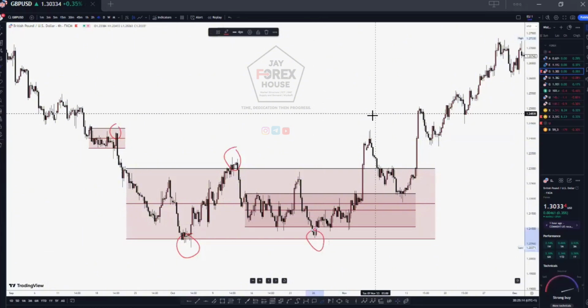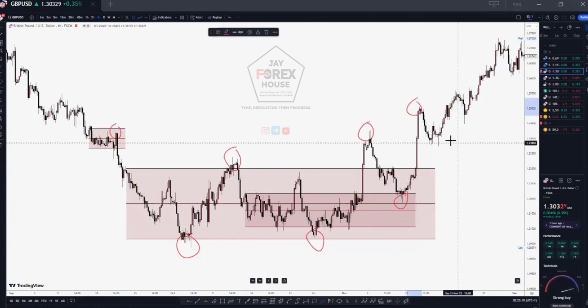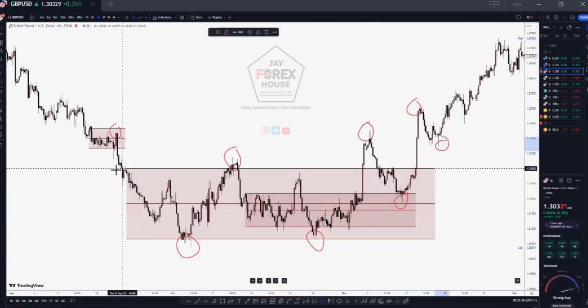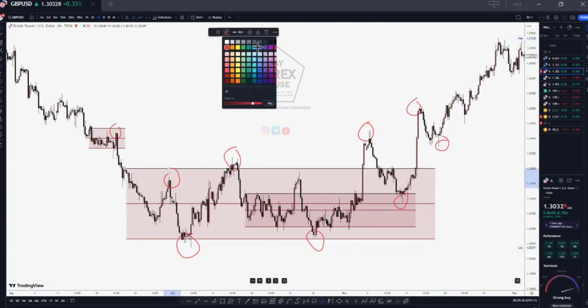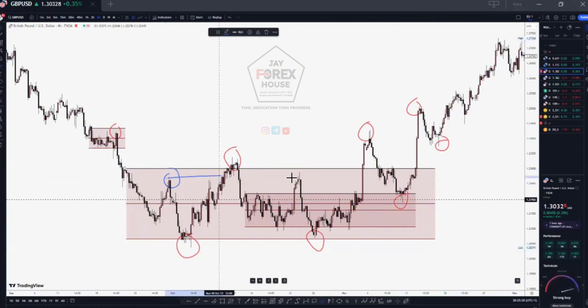So as you can see, there was a shift in market structure from here, a clean shift. But if you are lost on what the accumulation was doing from this point, you start getting confused, and you start trying to understand what was going on and why things were not working out.